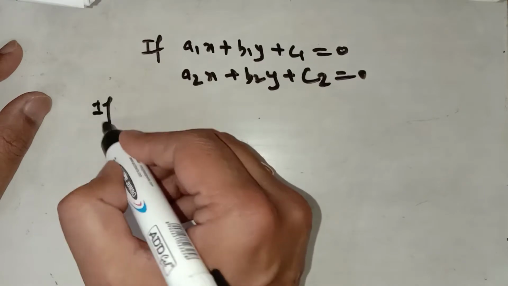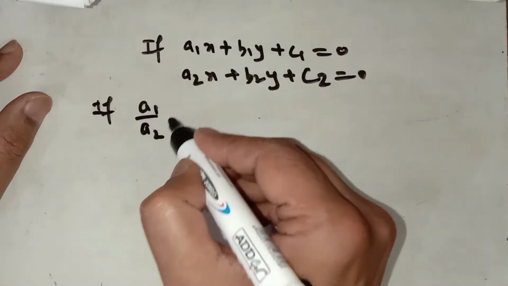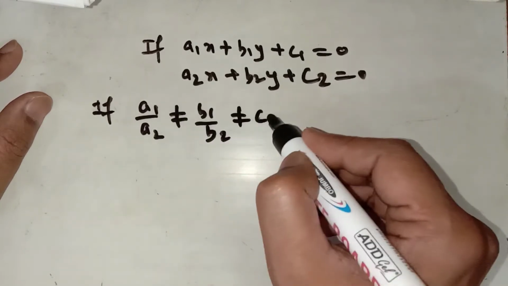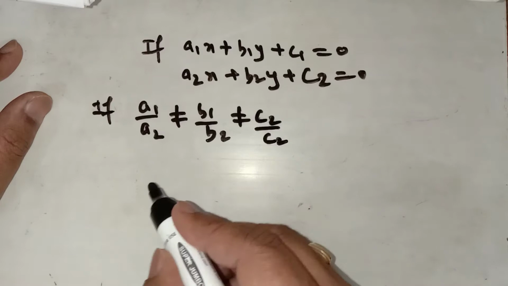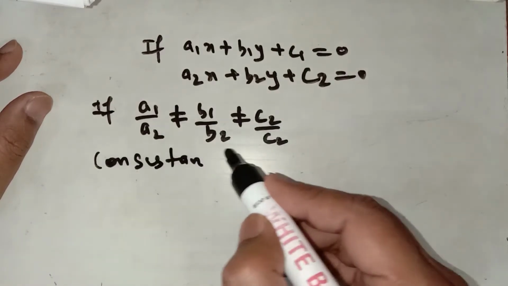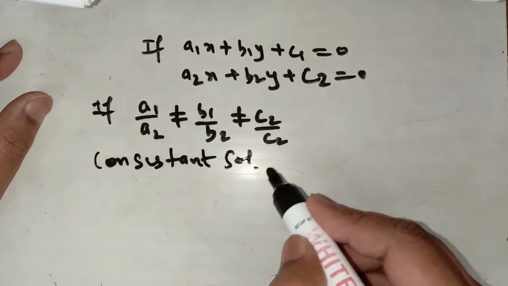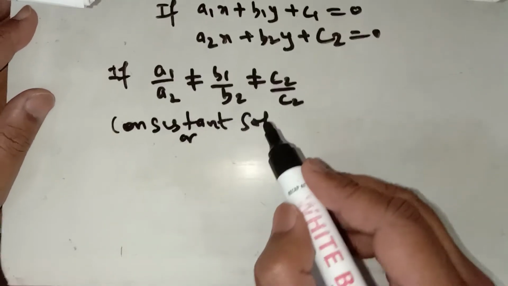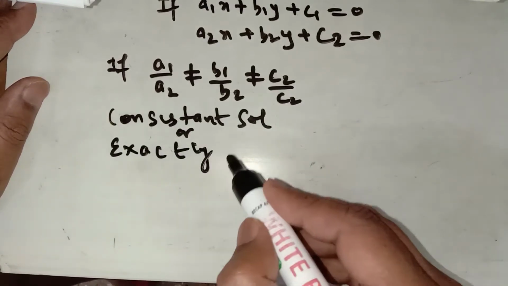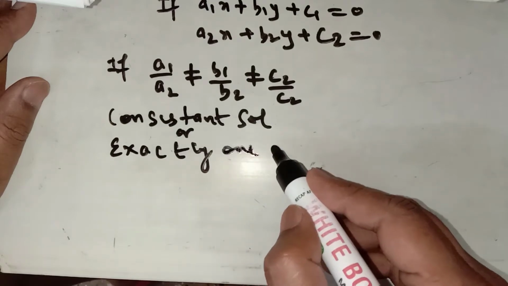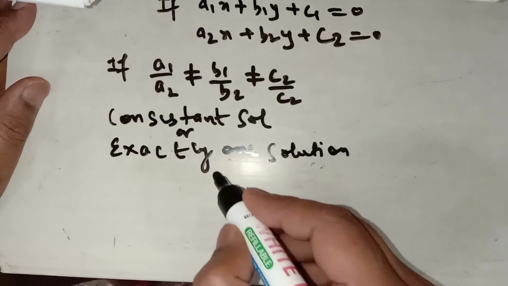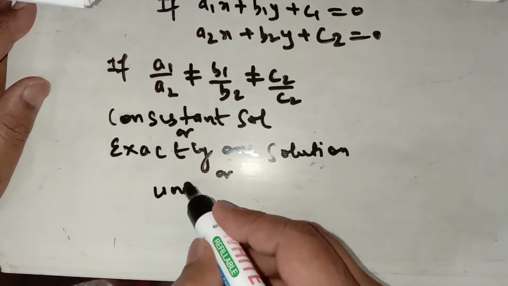Now if a1 upon a2 is not equal to b1 upon b2 is not equal to c1 upon c2, then we'll have a consistent solution, or we can say that it will have exactly one solution, or a unique solution.